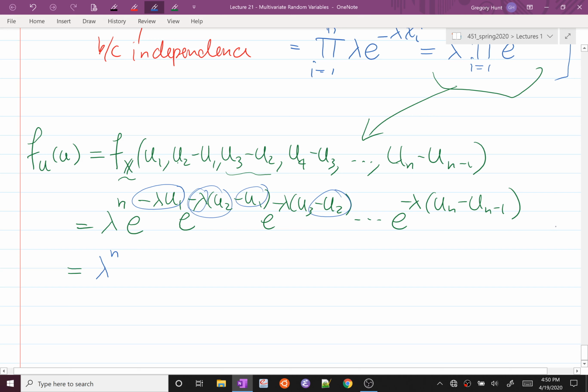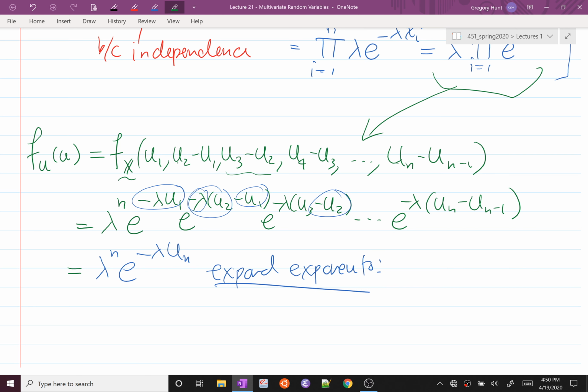And all we're going to be left with at the end of the day is everything's going to cancel except a negative lambda to the u sub n. All of the other exponents are going to cancel with each other. We could just add them all together, right? Because if we expand out exponents, we can add them since we have a product of exponentials.